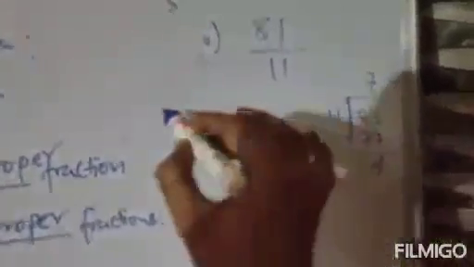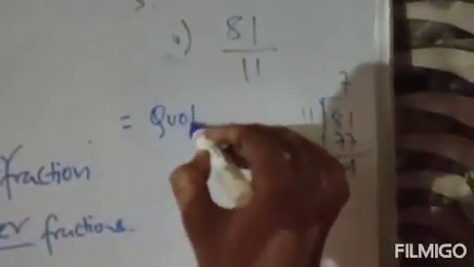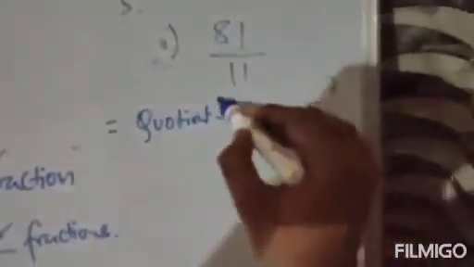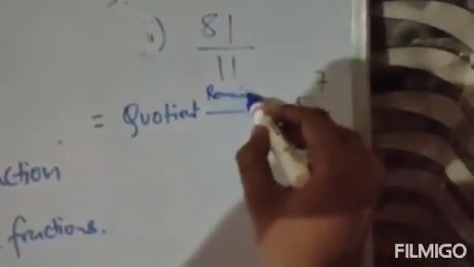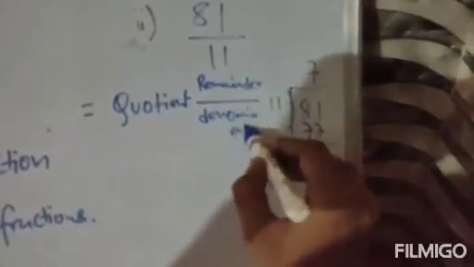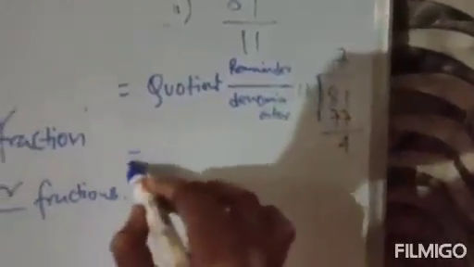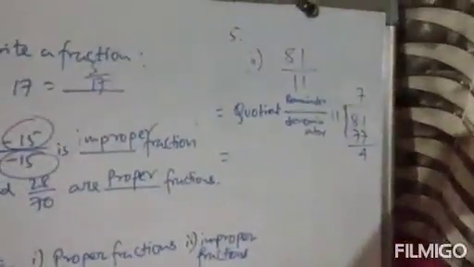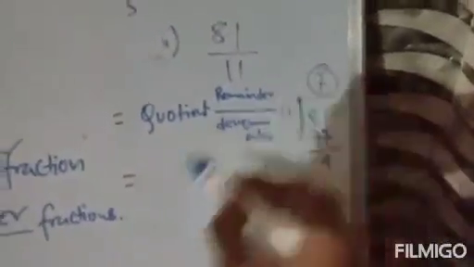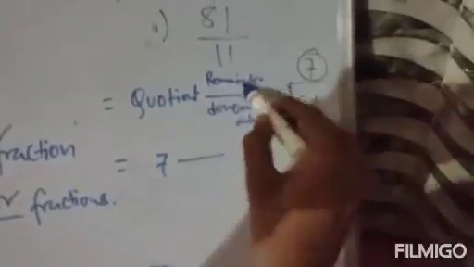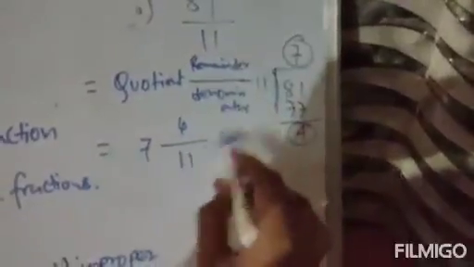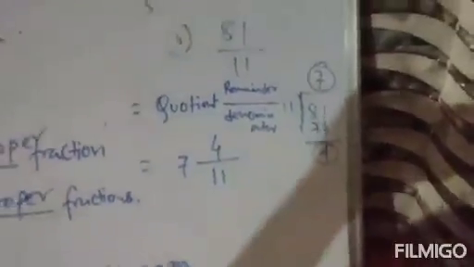Now the rule is: quotient, remainder, and denominator. We have to write these numbers in this format: quotient, remainder divided by denominator. Clear? Now this is the quotient, so this is 7. This is the remainder, so this is 4, and this is the denominator part, 11. So your answer will be 7 upon 4 by 11.